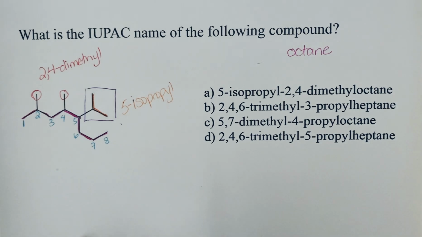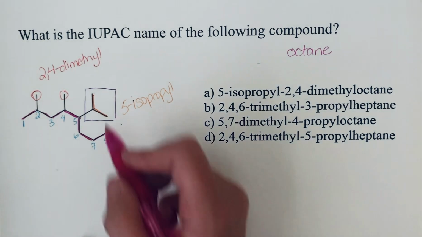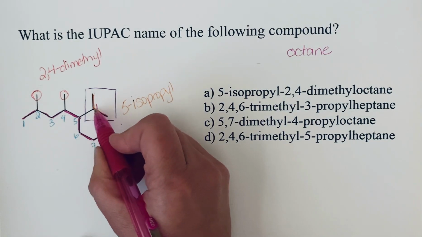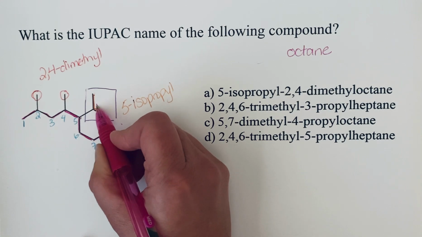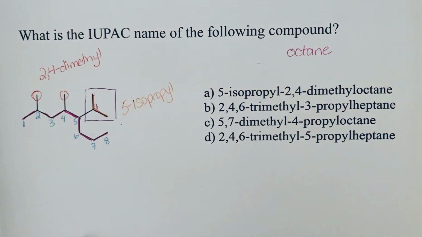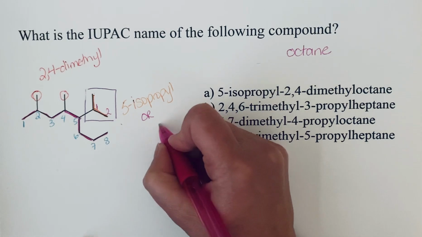The other way we could name a branch substituent, if it doesn't have a common name that's accepted by IUPAC, is we make carbon 1 of the branch be the first carbon atom of the chain and then find the longest carbon chain from there. So either way, it is 2 carbon atoms. So this would be ethyl.